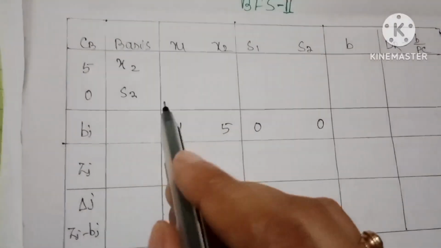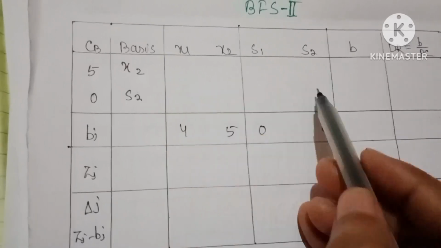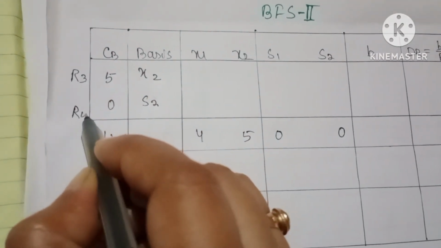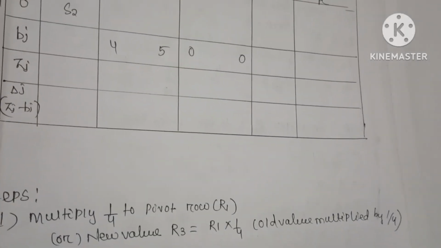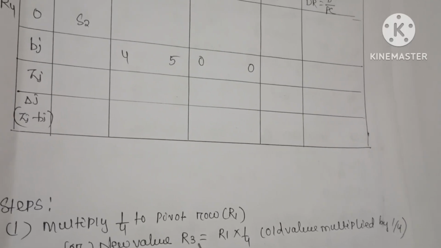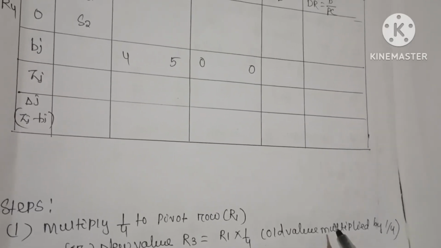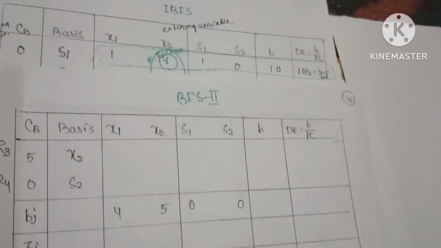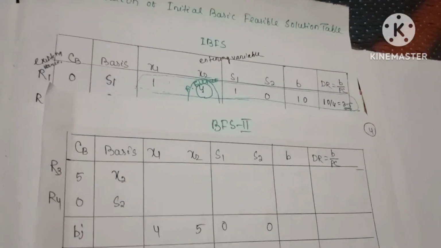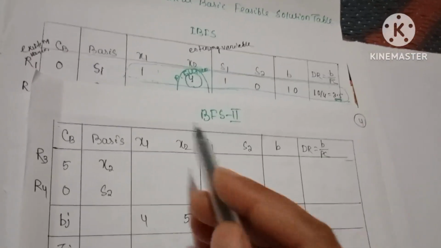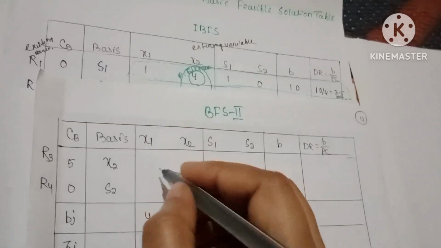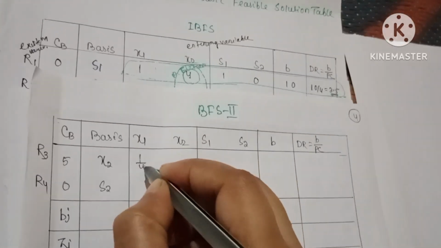Now we will calculate the row values. Suppose this is row 3 and this is row 4. This is the formula to find the new value. So the new value, that is row 3, equals the old value multiplied by 1 by 4, that is row 1 multiplied by 1 by 4. So 1 into 1 by 4 equals 1 by 4.